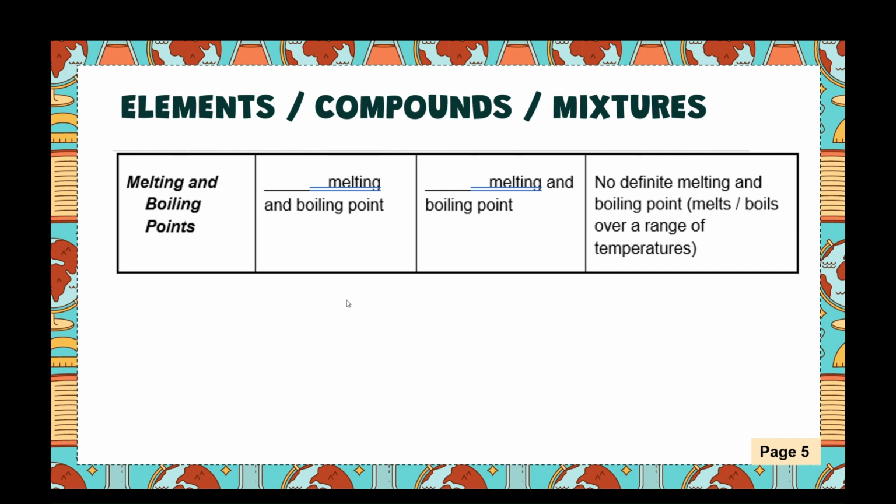For melting and boiling points, elements have fixed melting and boiling points, so do compounds. Mixtures, on the other hand, do not have fixed melting and boiling points, and instead they melt and boil over a range of temperatures, and this has already been taught in chapter 1.